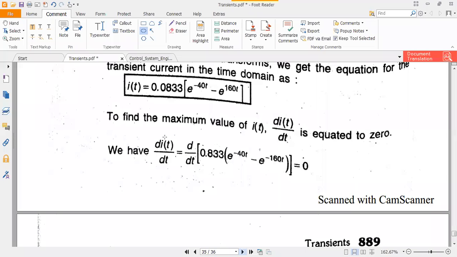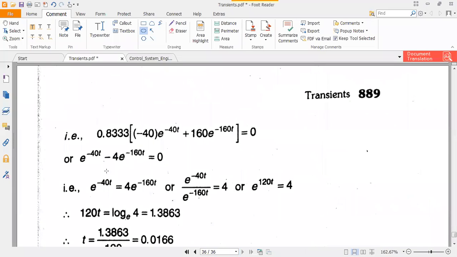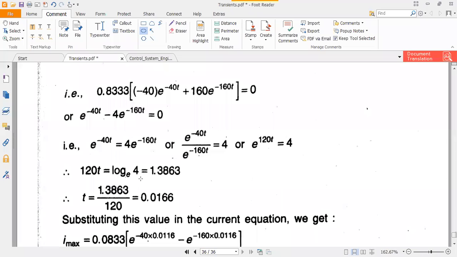So here this is the equation, so you have to differentiate this equation with respect to t and equate it to 0, then you will get the t value. Okay, see here, after simplifying, you will get the t value. The t value is 0.0166.